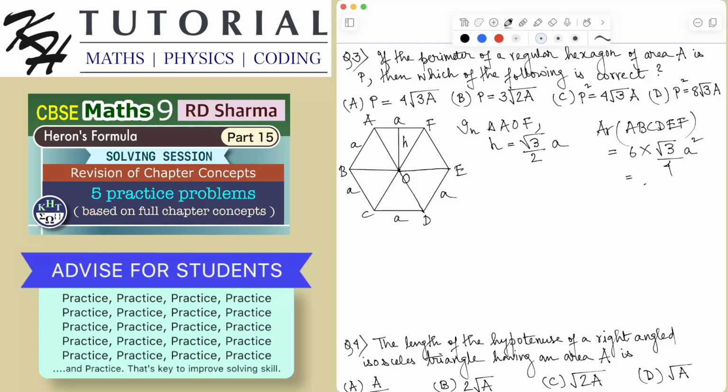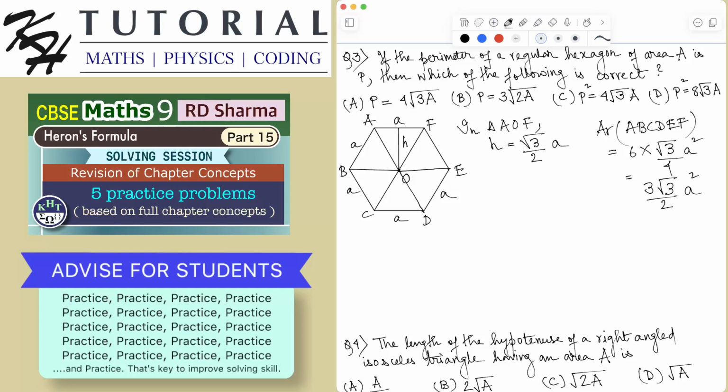So this is equal to 3 square root of 3 divided by 2 a square. This formula you must always remember: the area of a regular hexagon of side length a is equal to 3 into square root of 3 divided by 2 a square.